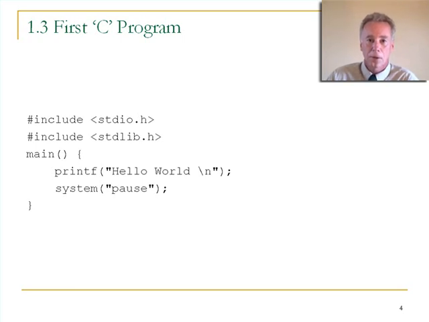So this is not an interesting C program, but the mechanism for getting a C program to run is the interesting part. So let's go immediately, and I will launch the development environment, and I'll start right from the very beginning, and you can follow along with me step by step to create a C project and enter a C program.